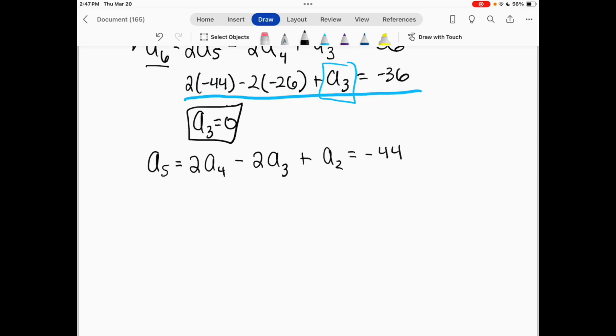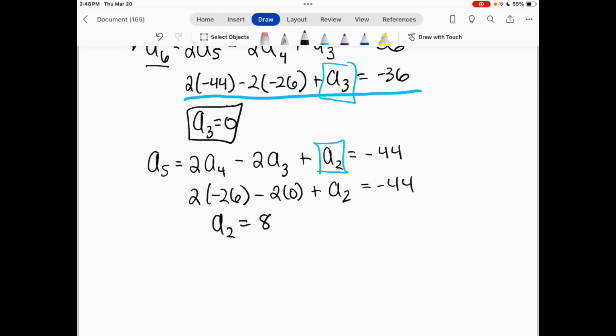So I have everything I need to solve for a2 now. I know a4 is negative 26. I know that a3 is 0 because we just found that. And when I solve that for a2, I get that a2 is equal to 8.